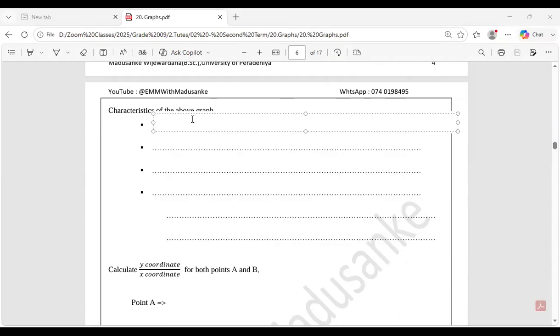First thing, the graph is a straight line. Second point, it passes through the origin.